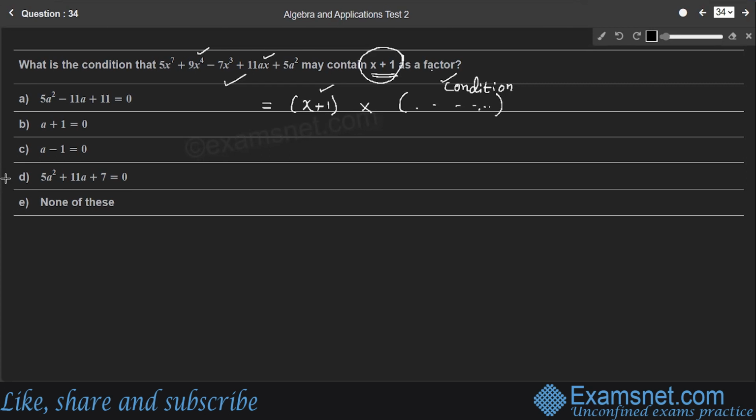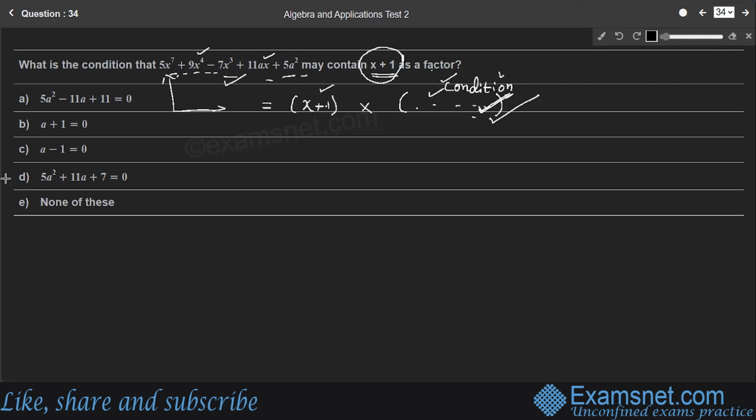Only then does the product of x + 1 and the condition give the given expression 5x^7 + 9x^4 and so on. So only when this condition is satisfied will you get the given expression.